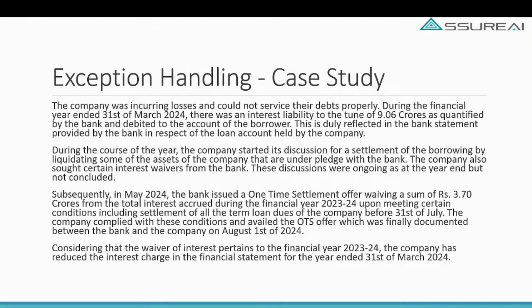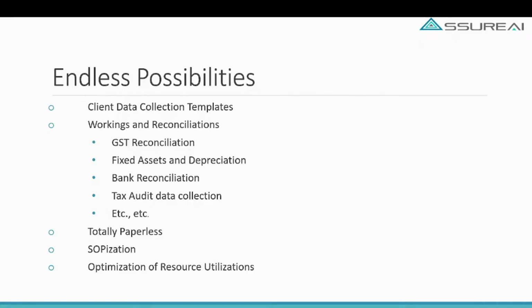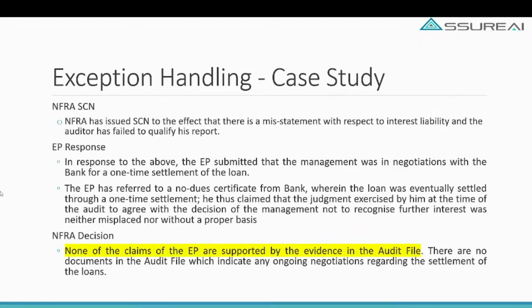So this was the matter which was before the NFRA, for example. And the NFRA issued a show cause notice stating that this is a misstatement with respect to interest liability and the auditor has failed to qualify his report. In response, the engagement partner elaborately responded, stating that there is innumerable evidence of events that pre-existed on 31st March, which was duly considered as part of the AS on subsequent events, and accordingly they have taken a decision.